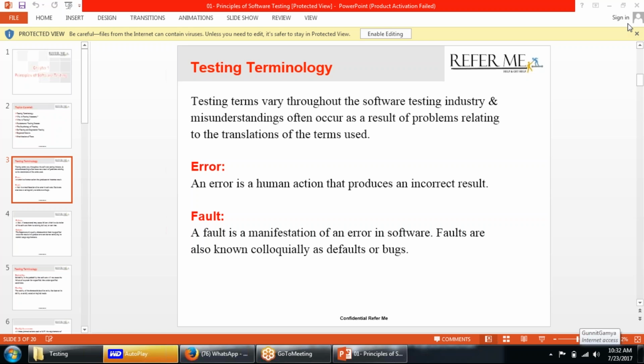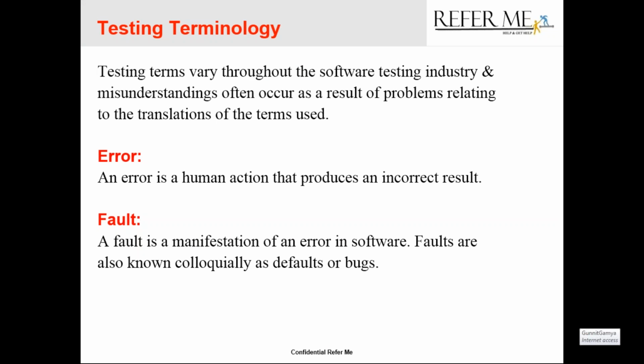What is an error? An error is a human action that produces an incorrect result. What is the meaning of that? Suppose you are going to make tea, and instead of putting sugar, you put salt in the tea.